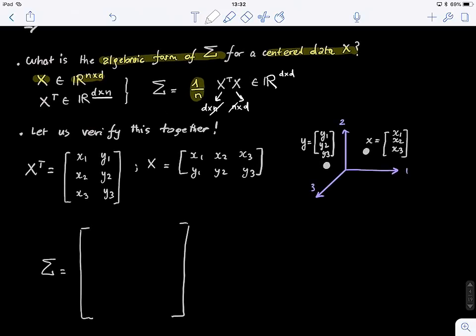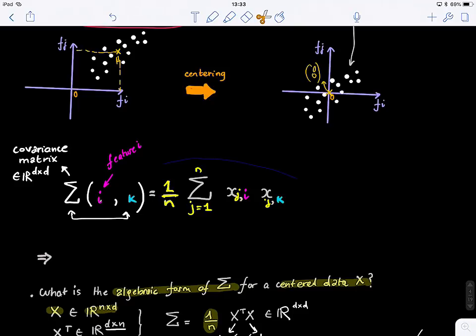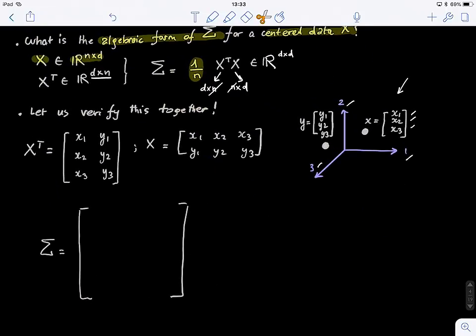Now let's verify this together. Let's look at this data set. Here we have only 2 points, 2 samples, and these samples have 3 features. So we have 3 features for each sample. This is a 3-dimensional space: feature 1, 2, 3. If we compute this, I will give you just a minute, and I would like you to start computing this to verify that x transpose x will give us this one. Let me copy this one.